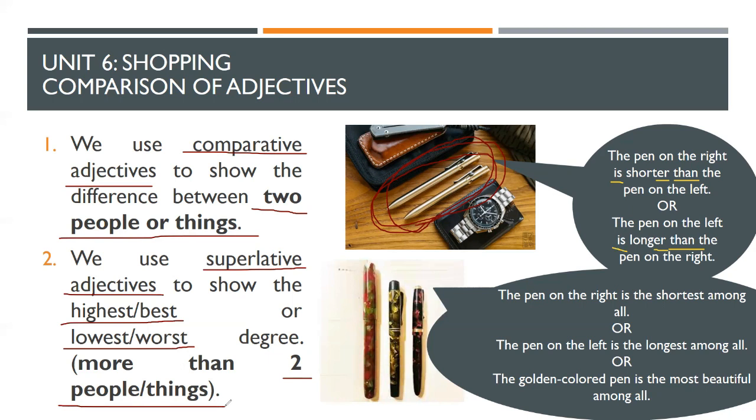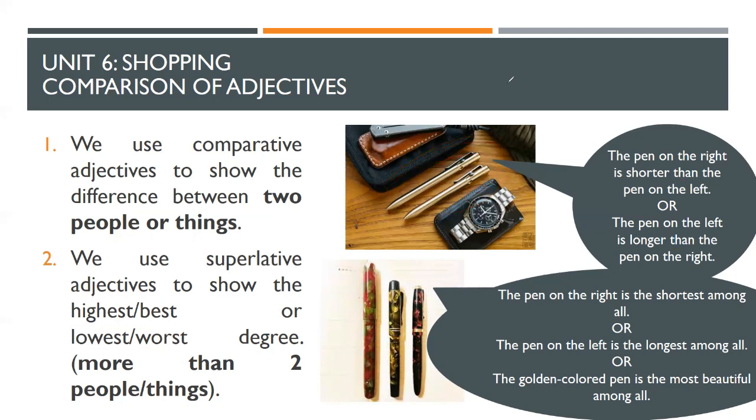So minimum 3, of course, and the top limit is infinite. It can be thousands, it can be millions, even as many numbers as you want, but minimum it should be 3. So that's when you can use superlative adjectives.